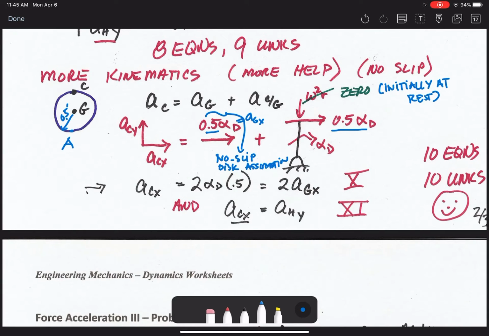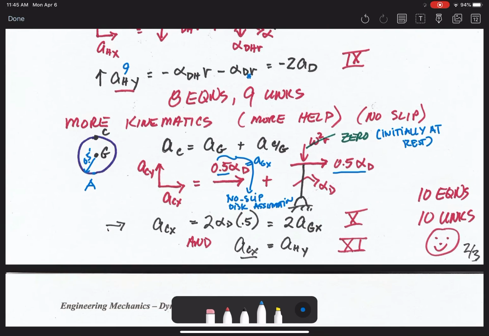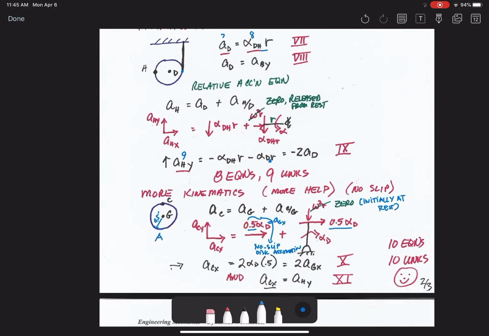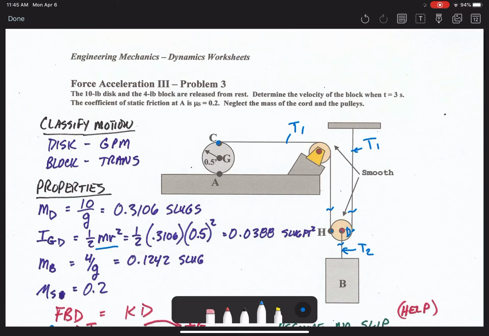direction. So that equals AGX, and from that we have AGC equal to AHY, as I stated earlier, because in terms of the kinematic relationship, C hooks to H on the tension of the cable there, so they go hand in hand.